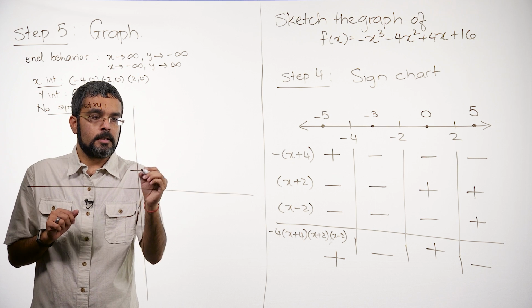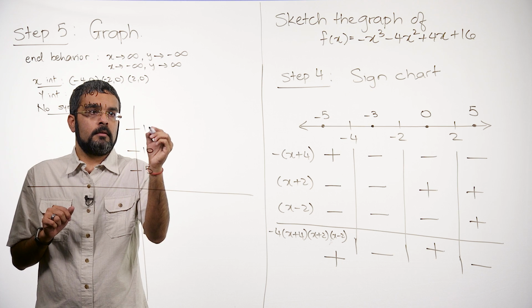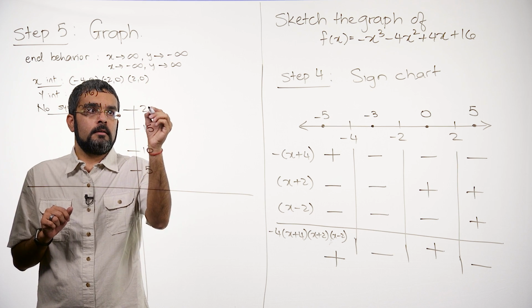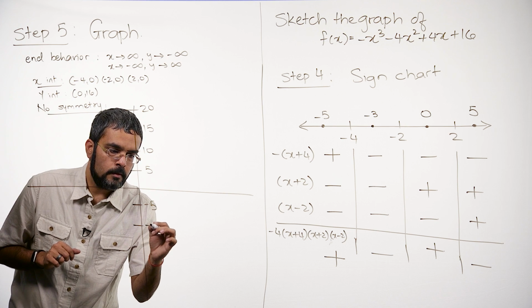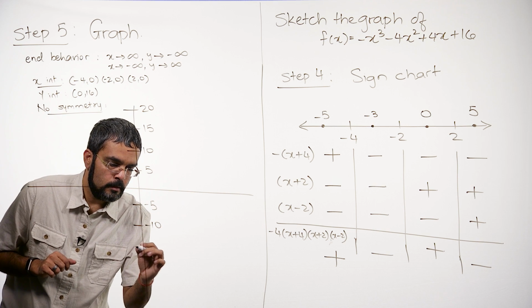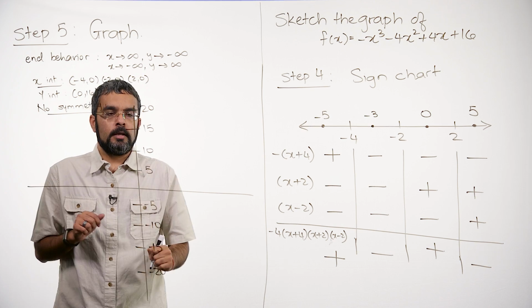Okay? So I'm going to say this is 5, 10, 15, and 20. Negative 5, negative 10, negative 15, and negative 20.